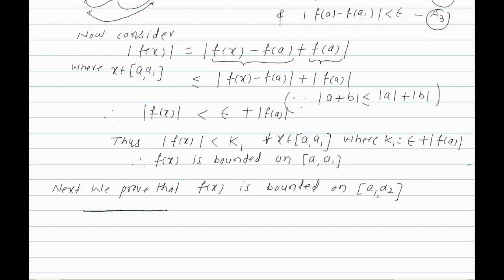So suppose this number is a1, this number is a2. Consider any point in this interval. So let x belonging to the second interval a1 comma a2 be any point.